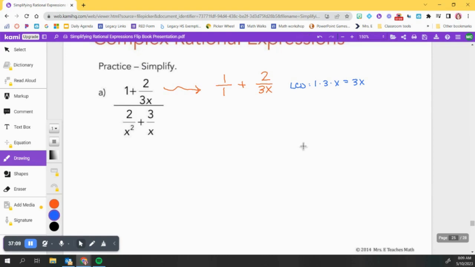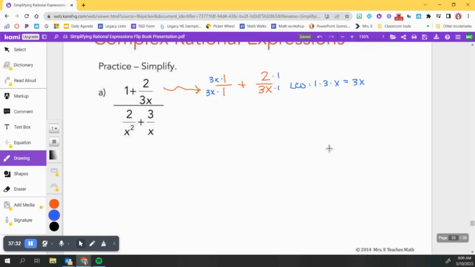Okay. The factor here is a 1, the factor here we have 3 and x. So just like we've done before, what is this denominator missing that this denominator has? It's missing a 3 and an x. So we're going to multiply this denominator by 3x. So I'm going to multiply this numerator by 3x. What's this denominator missing that this denominator has? We could say times 1, but is that really going to change anything?